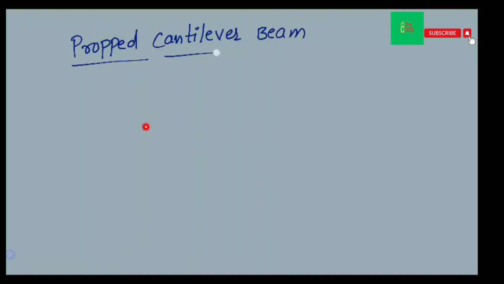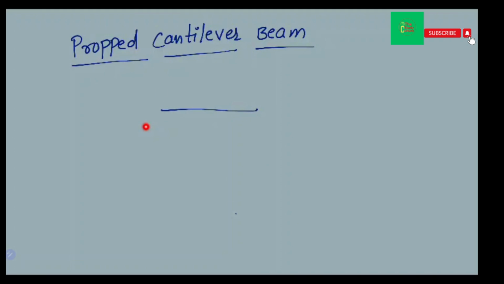Propped cantilever beam. A cantilever beam means one side is free in space.